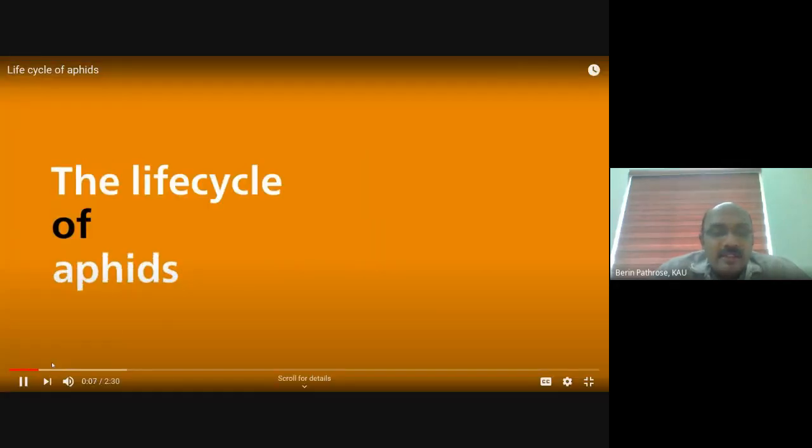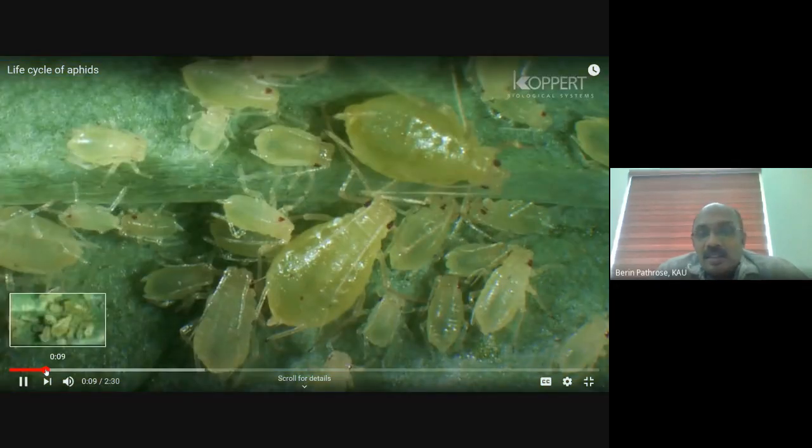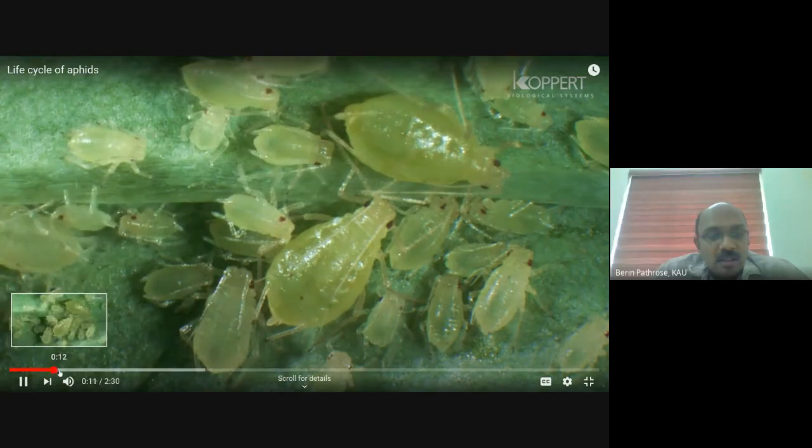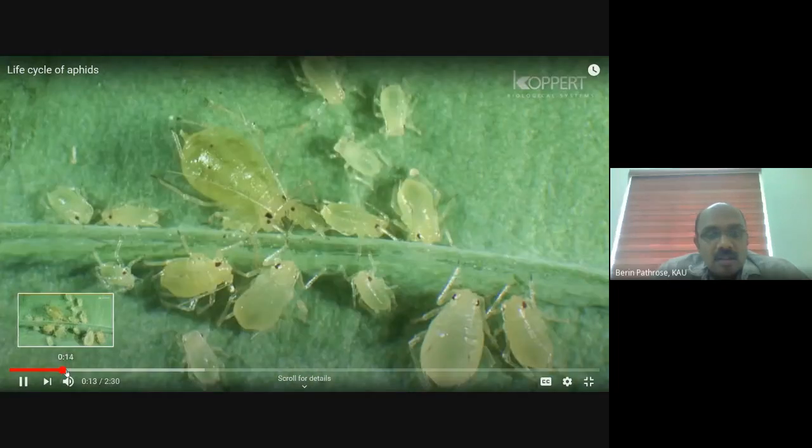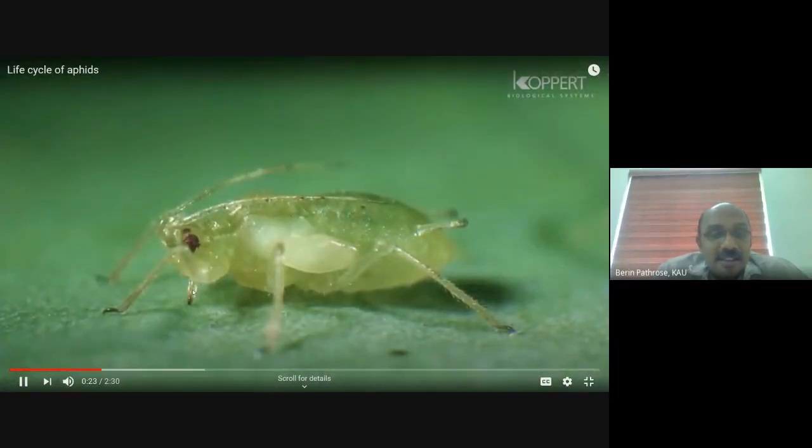This is an aphid. Aphid is another sucking pest. See here, the insect is extremely small. This is a microscopic video. You can see the proboscis.